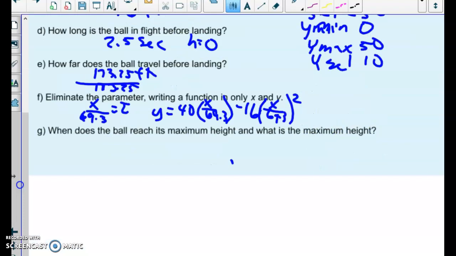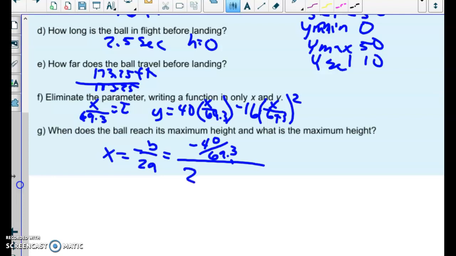So when does the ball reach its maximum height? Well, since it's a parabola, we can always use negative b over 2a. So if I use the equation x equals negative b over 2a, from this equation up here, we know that our negative b would be negative 40 over 69.3, over 2 times negative 16 over 69.3 squared.